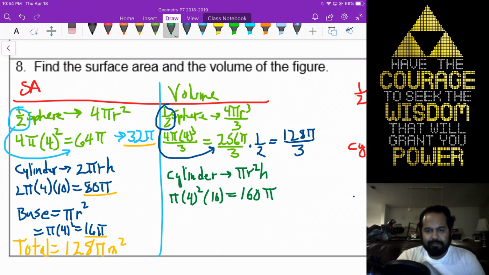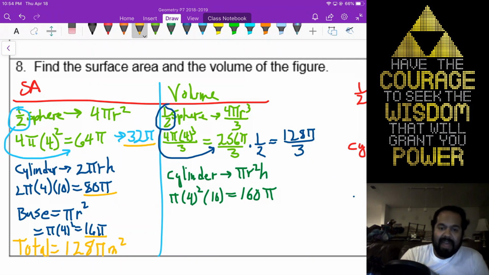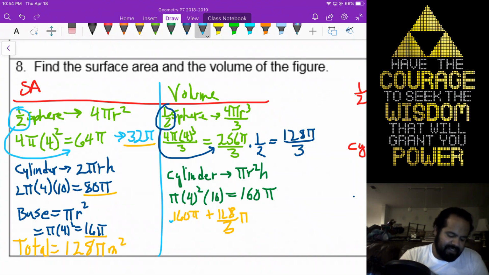Now, you're adding an improper fraction to a non-improper fraction or a whole number. So when you add those two, you need a common denominator. So if I write this out as 160 pi plus 128 over 3 pi, I need to essentially multiply this 160 by 3 over 3.